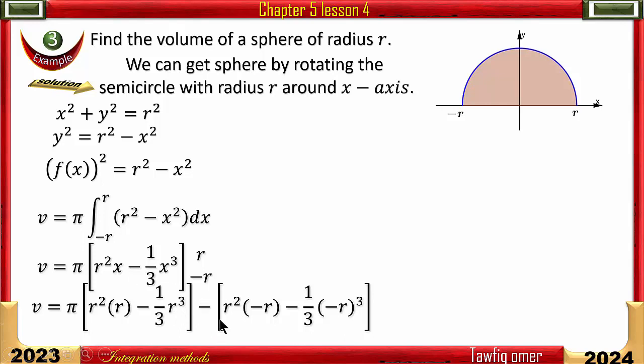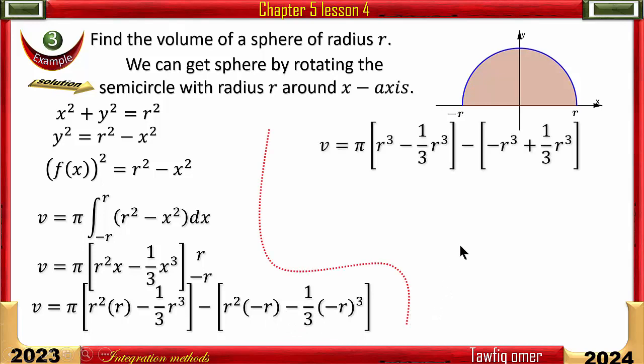It becomes r squared times minus r minus 1 over 3 times minus r cubed. Simplifying, it becomes r cubed minus 1 over 3 r cubed minus minus r cubed plus 1 over 3 r cubed.